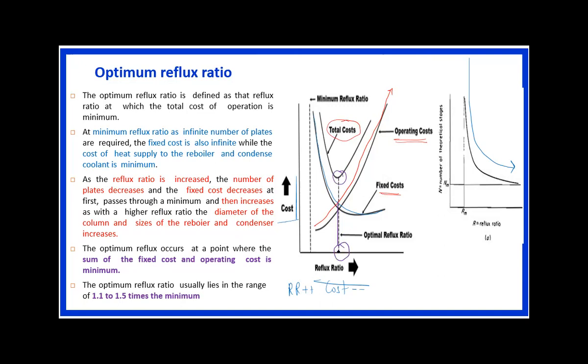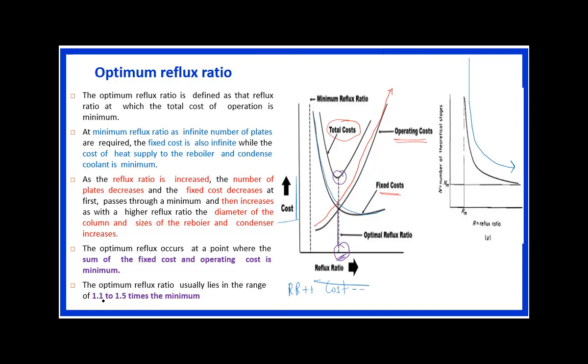It means at this point the total cost is minimum, and for this minimum total cost we must select this reflux ratio. So it is not a particular number, but we have to identify the minimum total cost condition, and with respect to that we identify the reflux ratio.